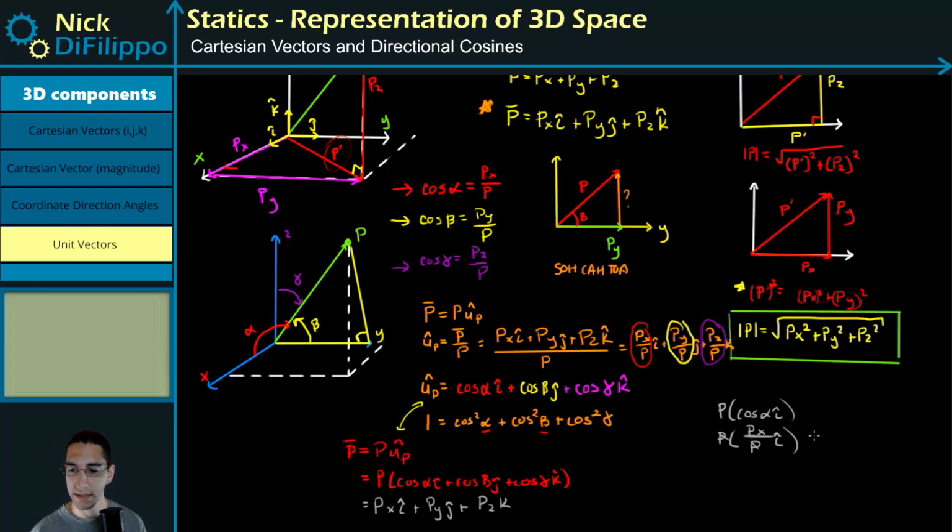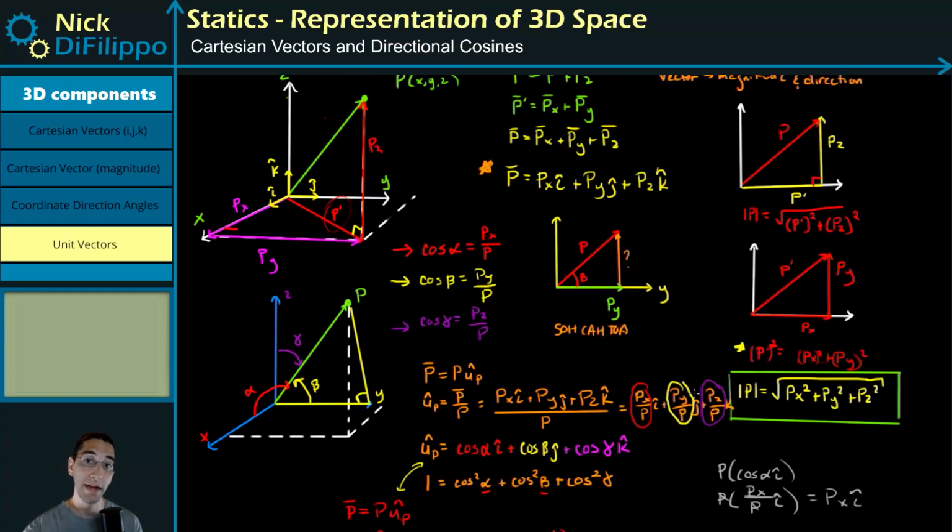These p's are going to cancel, and this is going to be equal to pxi. So these are just different ways that we can express these vectors in terms of cosine angles and in terms of magnitude to represent where that vector is in space. And that becomes important so we can completely identify where this vector is in space.